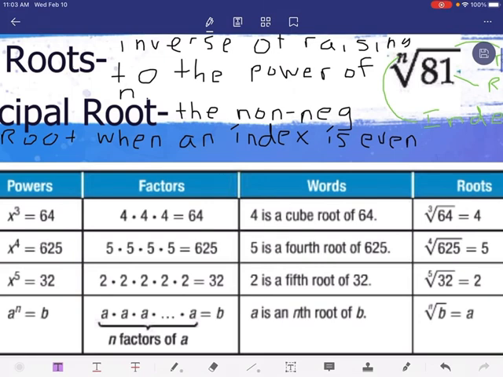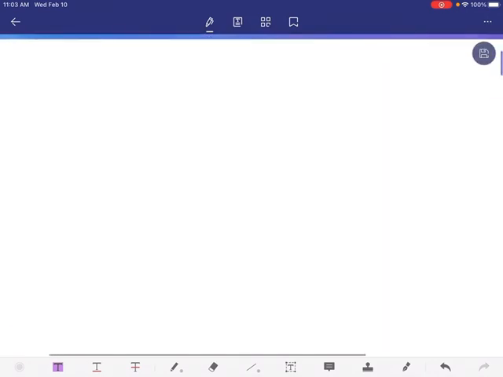So we could say that the fourth root of 625 is 5. 2 multiplied together 5 times is 32. So we could say the fifth root of 32 is 2. And in general, anytime that I'm trying to take the nth root of something, I'm looking at what multiplied together n times equals whatever is underneath that radical.